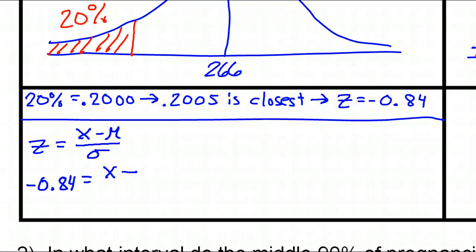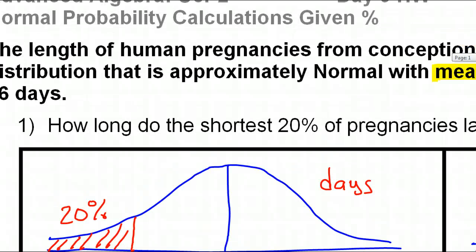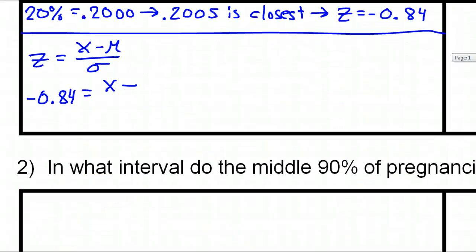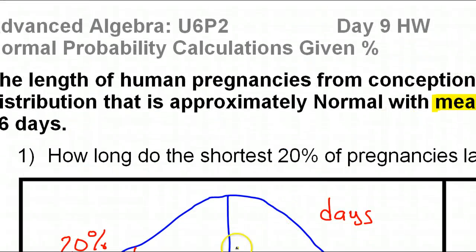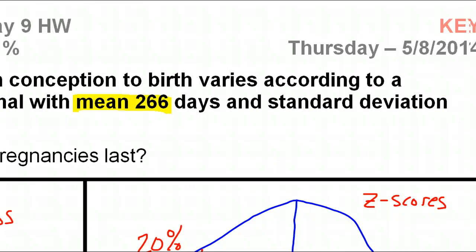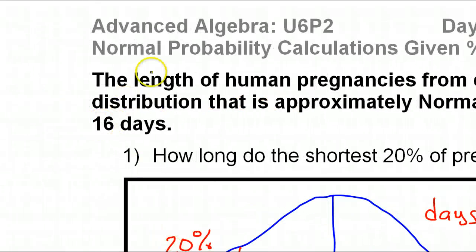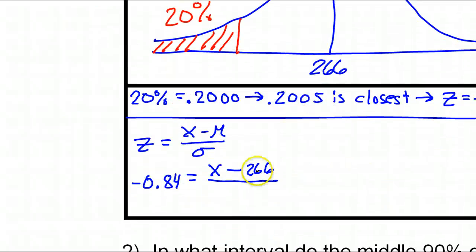What did they say the mean was? Wait, yeah, the mean is 266. So minus 266 divided by the standard deviation. And the standard deviation was 16 days. Okay, so that means divided by 16.